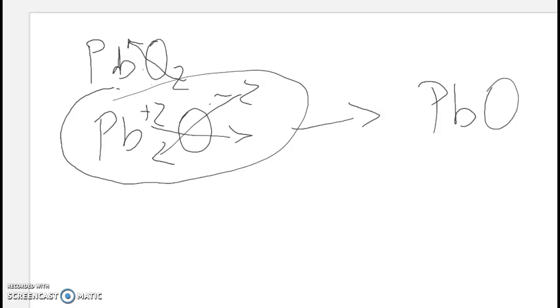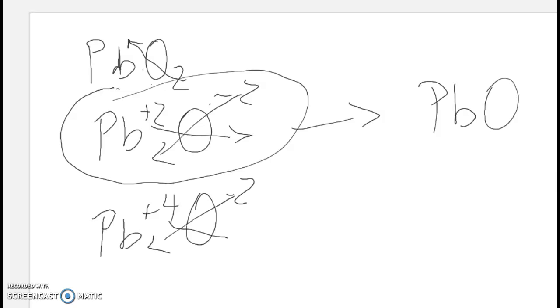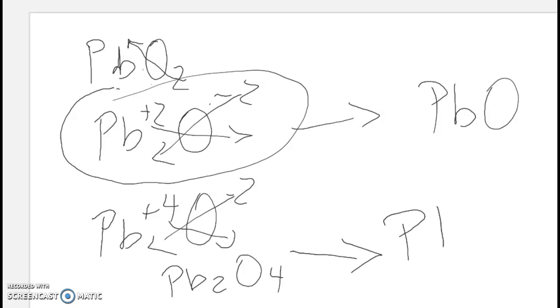But that's not what I was given. I was given oxygen with a subscript of 2. So that means my lead must have double the charge. Lead has a charge of +4, oxygen has a charge of -2, crossover, and I'm left with Pb2O4, but remember we put it into lowest terms, so it would be PbO2.